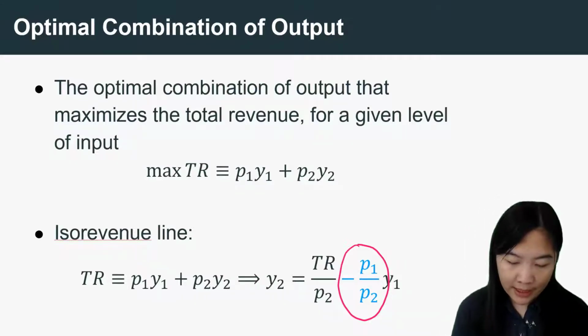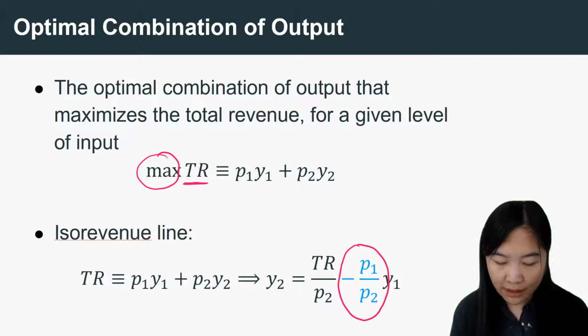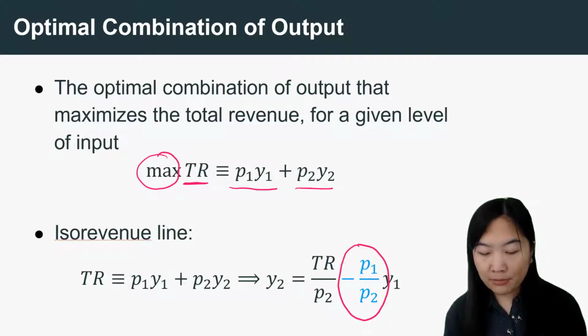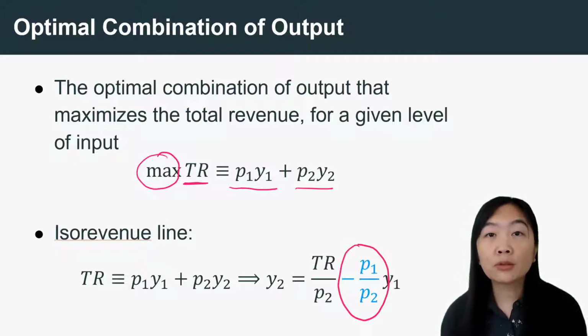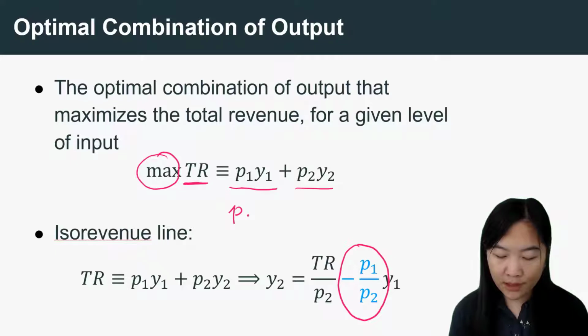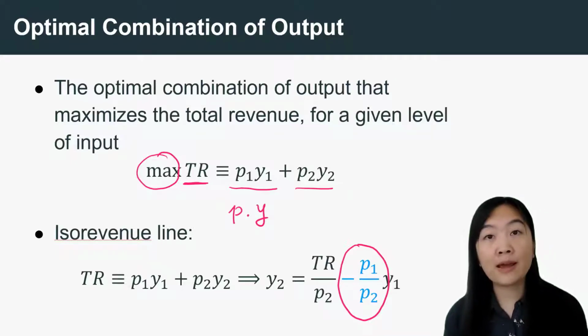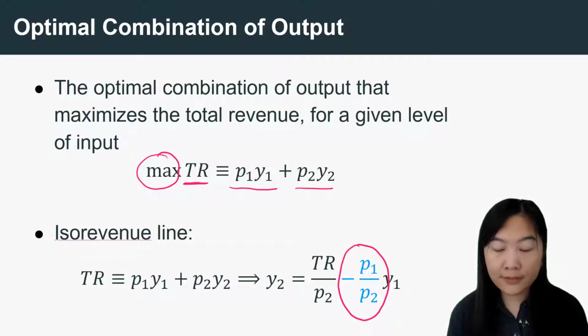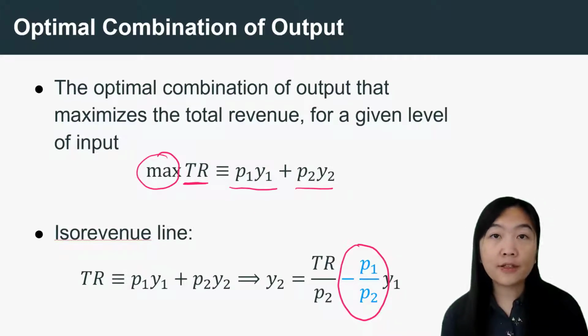So we have max total revenue, which is defined as P1 times Y1 plus P2 times Y2. In the one output case, we simply write total revenue as P times Y. And now we have two outputs, so we have to give them subscripts.